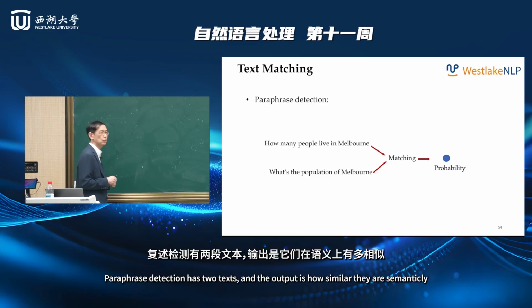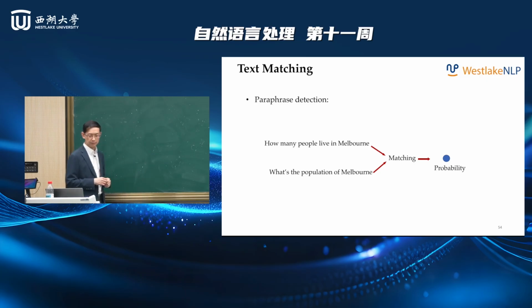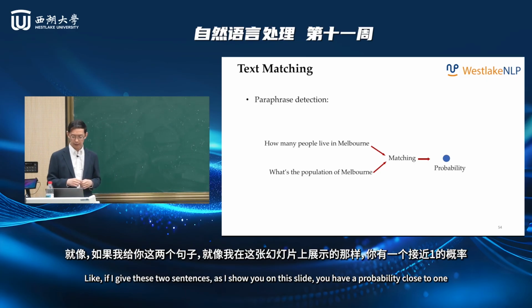Paraphrase detection has two texts, and the output is how similar they are semantically. Like if I give these two sentences as I show you on this slide, you have a probability close to 1.